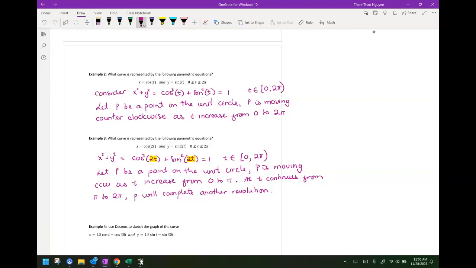So in the first case, at this point P, with (x, y) equal (cosine t, sine t), we go around this unit circle only one time. But in this case, it will go around the unit circle twice.